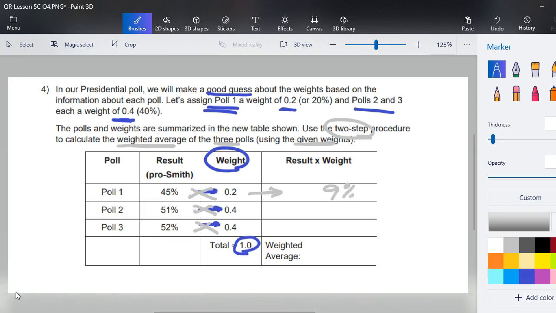I'm going to do the next one, 51 times 0.4, and I'm getting 20.4%. Finally, I'll do 52 times 0.4, and I'm getting 20.8%. Then I'm going to add these 3 together, because the 2 steps say multiply first and then add what you have.